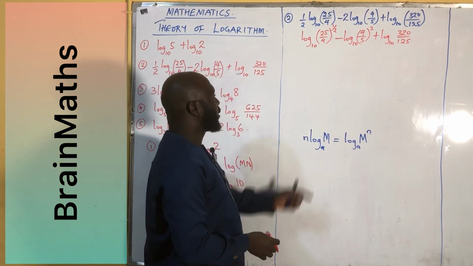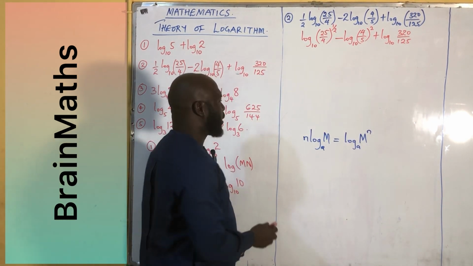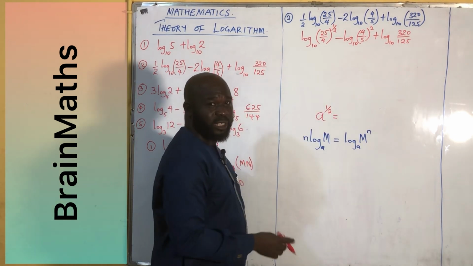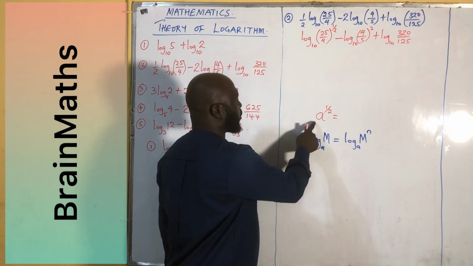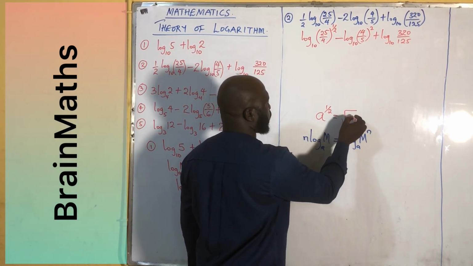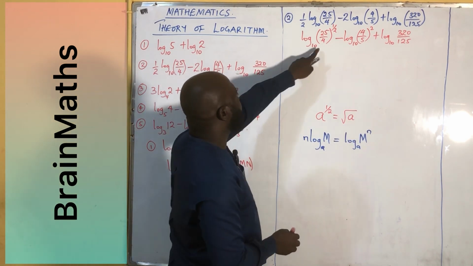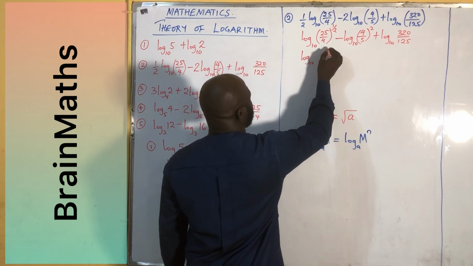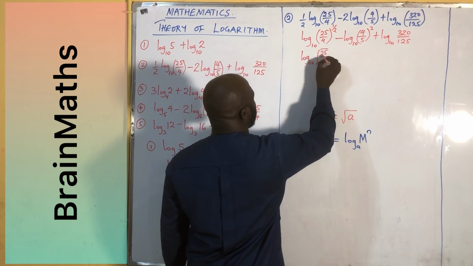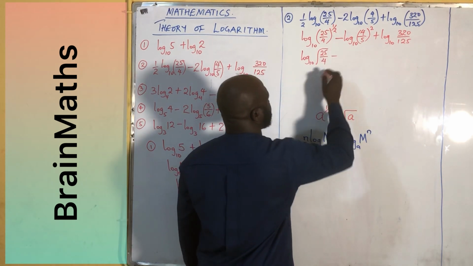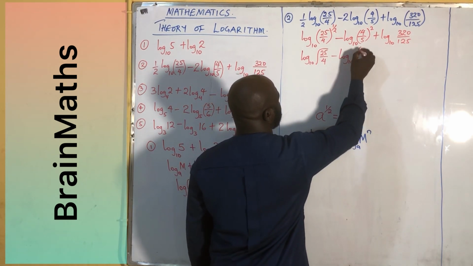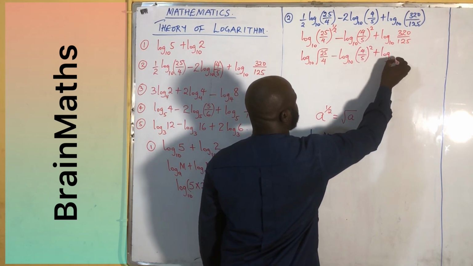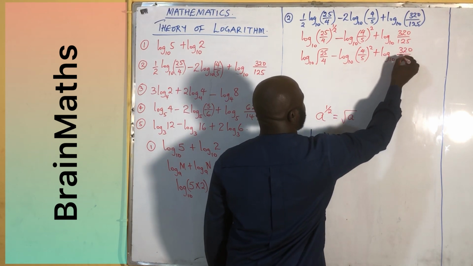There is another law of indices that says a raised to power 1 over 2 is the same thing as square root of a. Applying that, we have logarithm in base 10 of the square root of 25 over 4 minus logarithm in base 10 of 4 over 5 raised to power 2 plus logarithm in base 10 of 320 over 125.